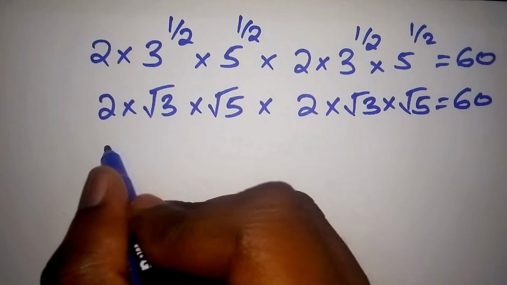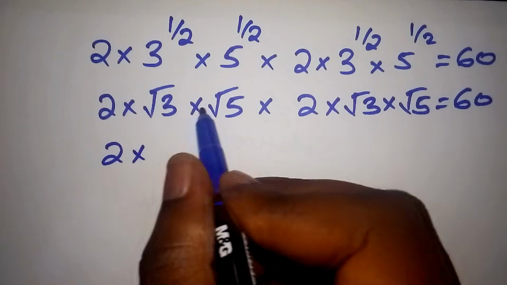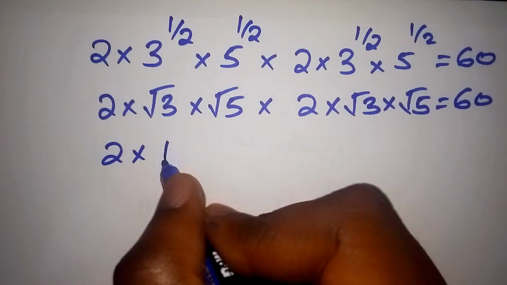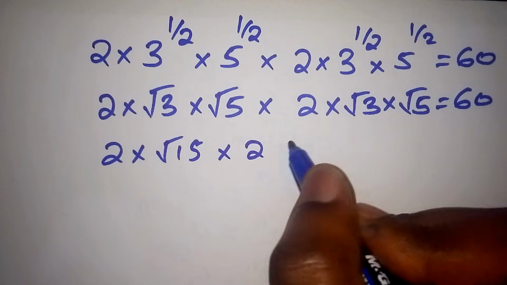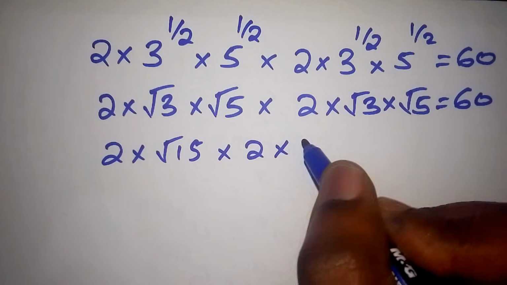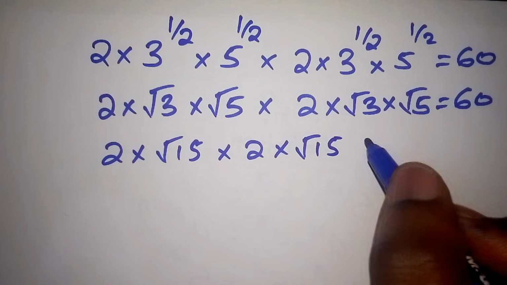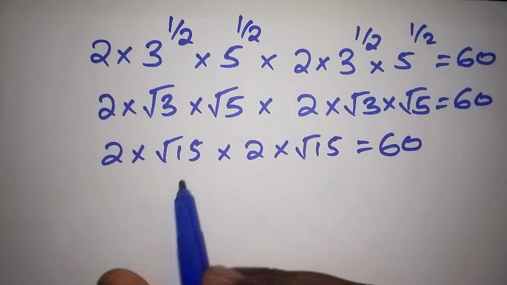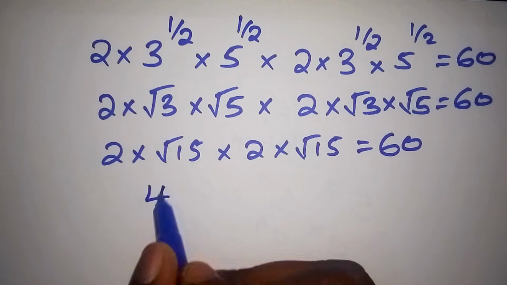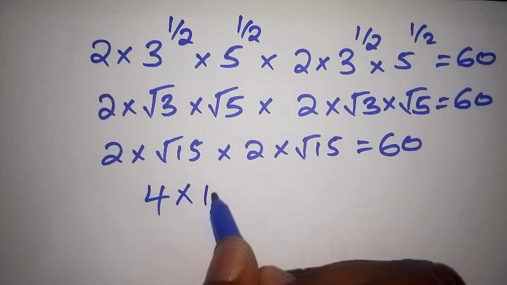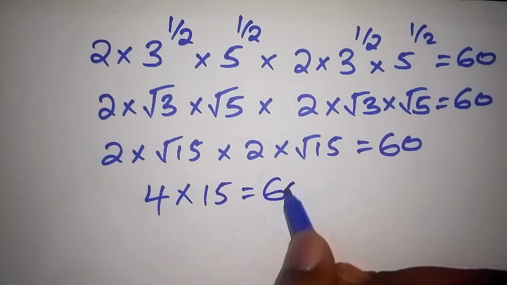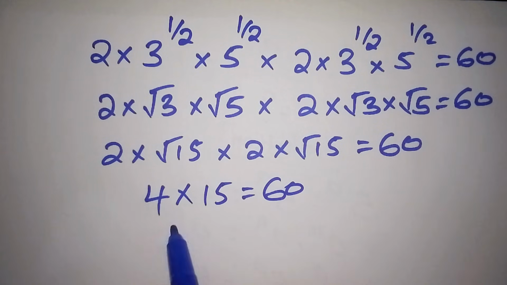So we have 2 multiplied by 3 times 5, that is the root of 15, times 2 multiplied by the root of 15 equals 60. So 2 multiplied by 2 is 4, multiplied by root 15 times root 15, which is 15, equals 60. So now 60 equals 60.